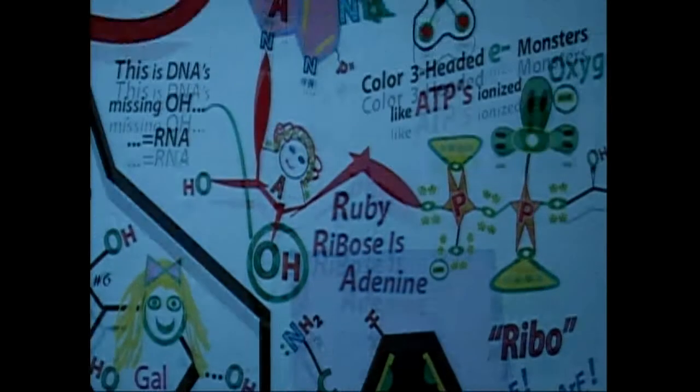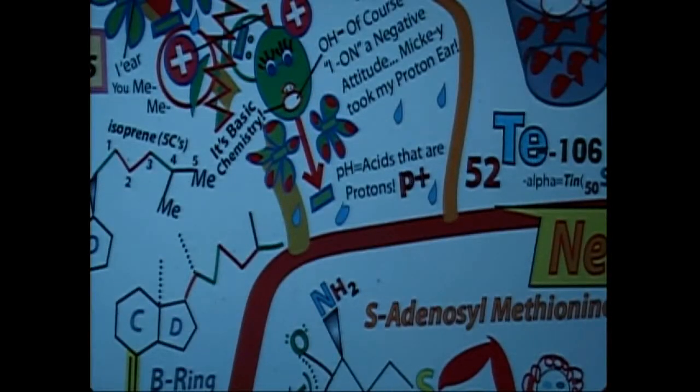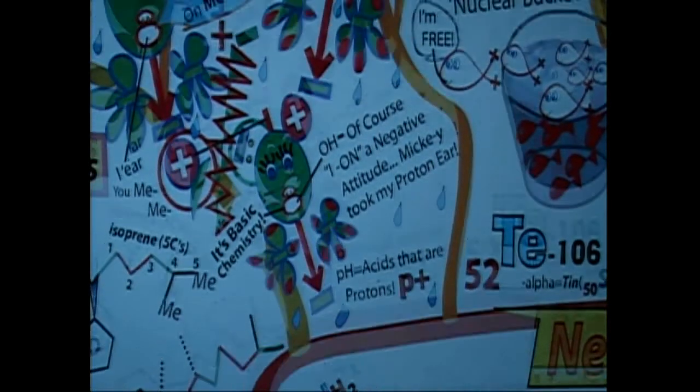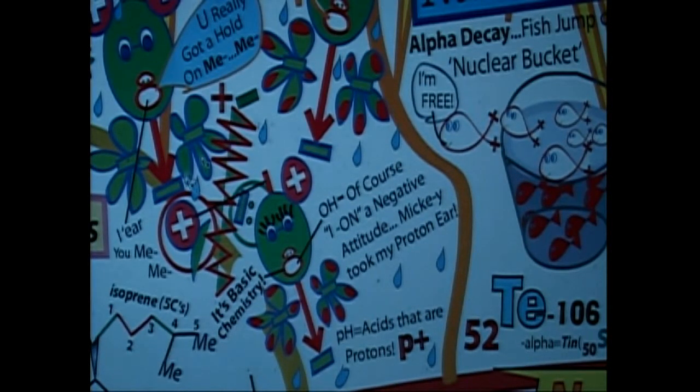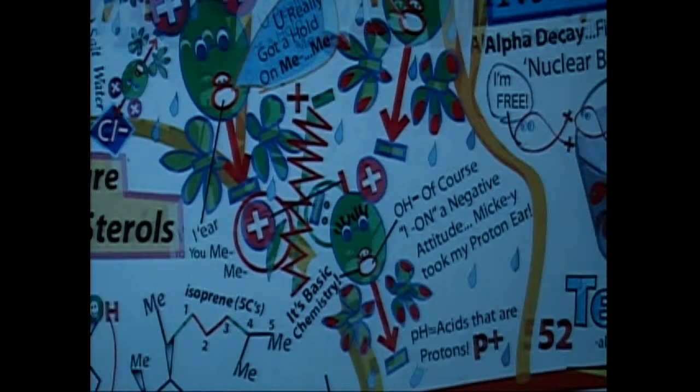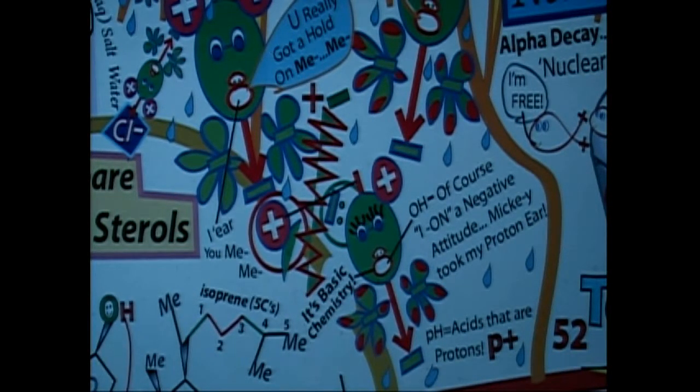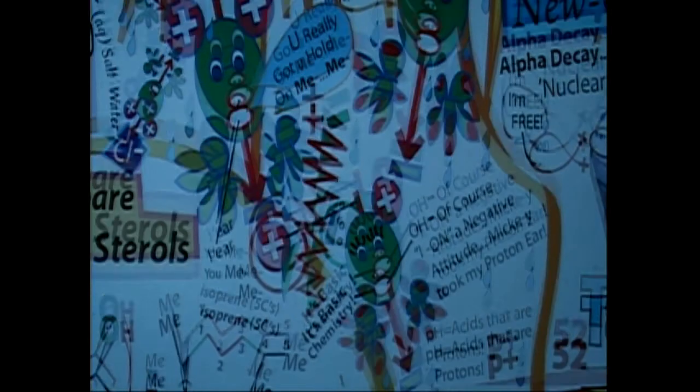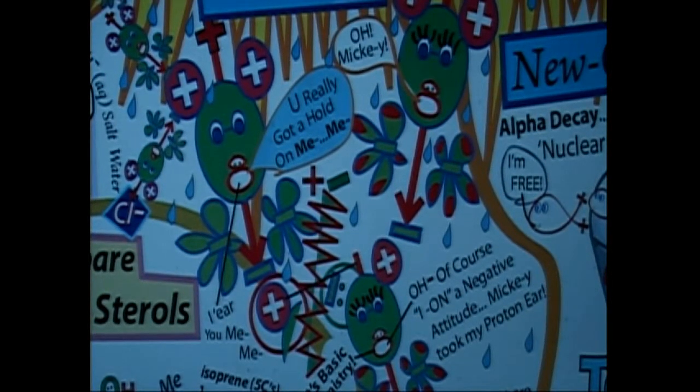So up here, let's show water. Everybody loves water, right? Well, water, I found, looks exactly like Mickey Mouse. And Mickey's got 2 proton ears. He's got electron pair hands.